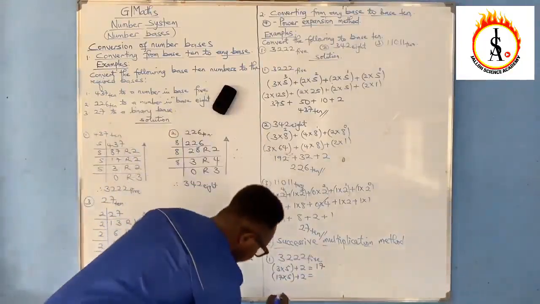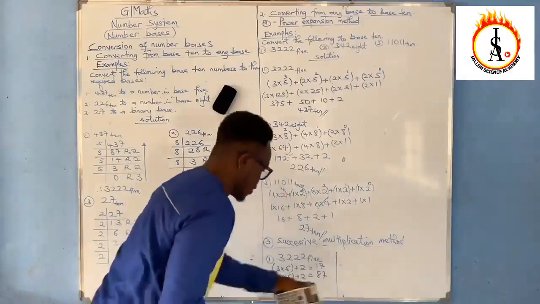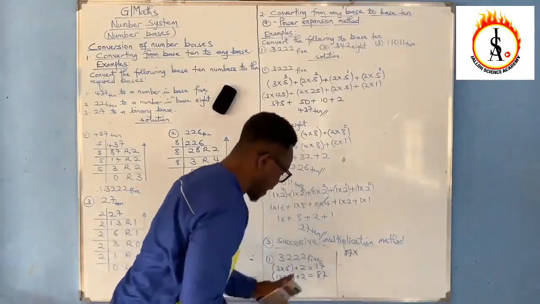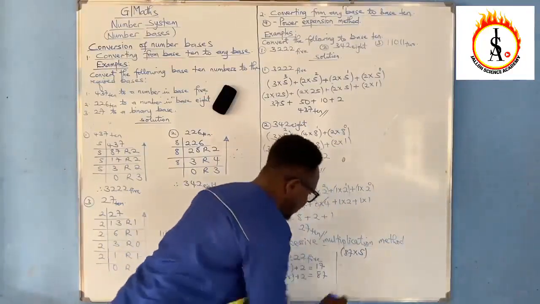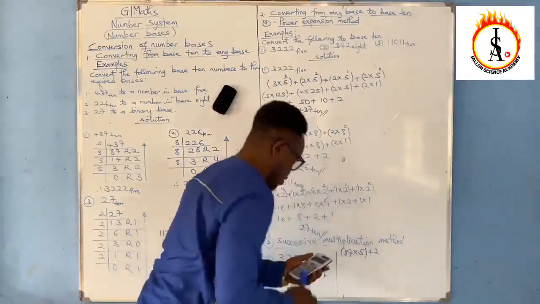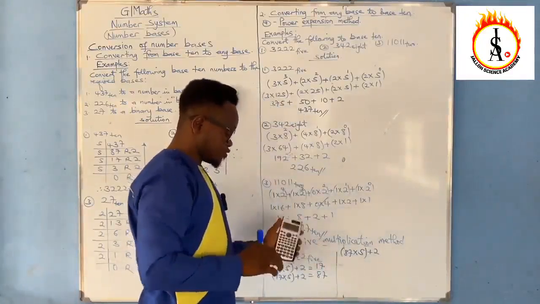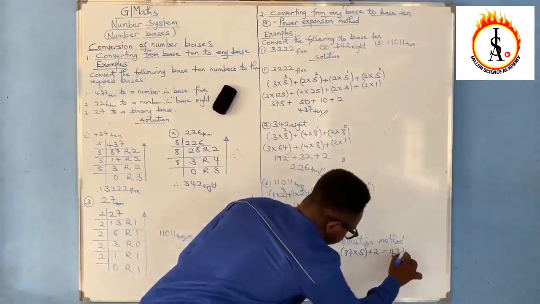17 by 5 gives us 85, plus 2, 87. So this 87 that we've arrived at, we multiply it by the base 5, and to it we add this final 2. So go for 87 by 5, that gives us 435, plus 2, that gives us 437.